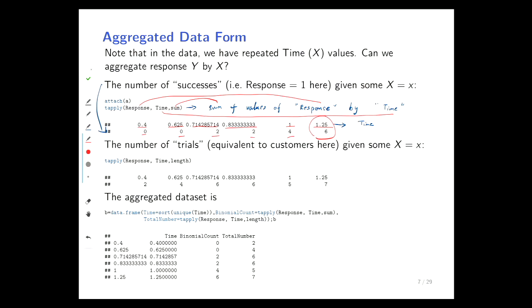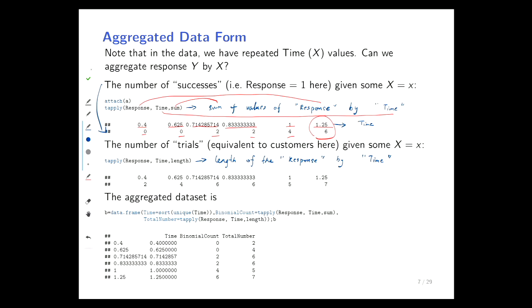And also we can compute the number of the trials. So what's the number of the trials? Basically the number of the customers here. And similarly, this tapply function returns the length of the response by time. So basically that just means how many customers we have here given each value of time.